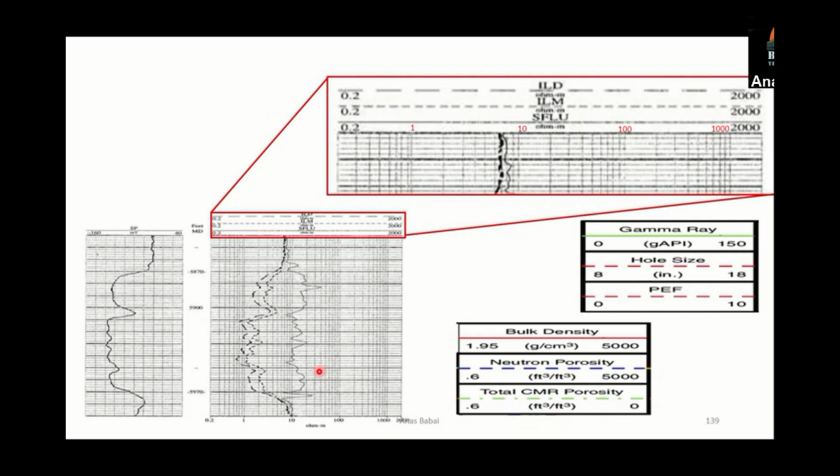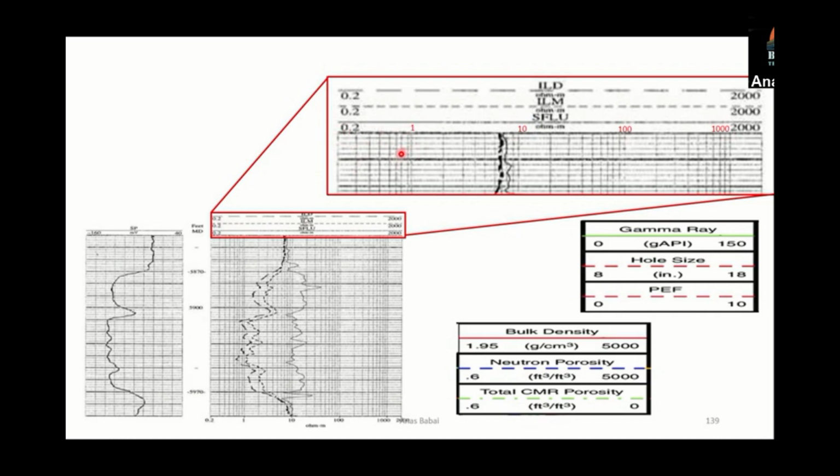Something we have to put in mind also is the scales of each log, and we have talked a lot about how we read different types of logs based on the scale. One of the challenging logs is the resistivity, because the scale is not a normal scale, it's a logarithmic scale.